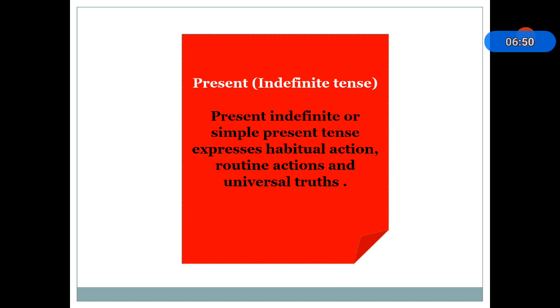We are going to begin with present tense. The first form of present tense is present indefinite tense, which is also called simple present tense. And this form expresses habitual actions, routine actions and universal truths.